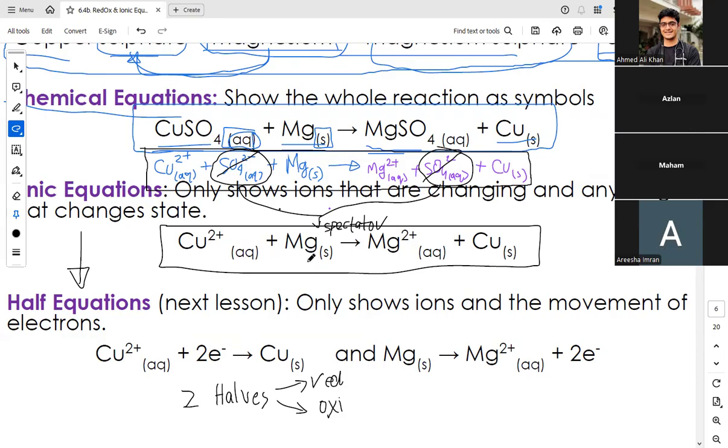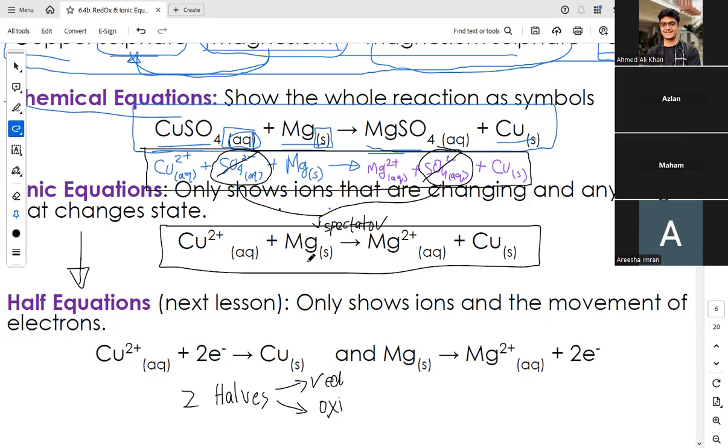But is magnesium getting reduced or is it getting oxidized? It's getting reduced. How? Maham, would you like to comment? Is it getting oxidized? नहीं नहीं, why are you asking me this question?